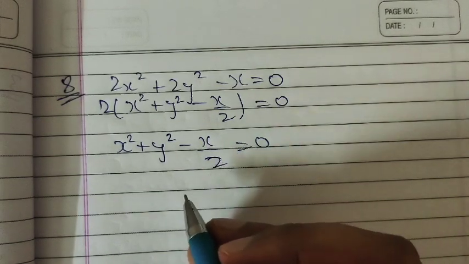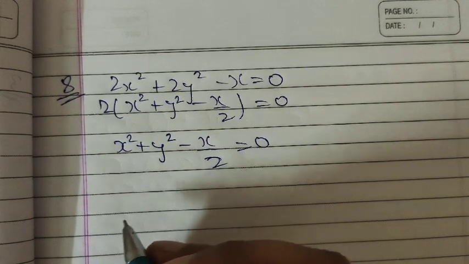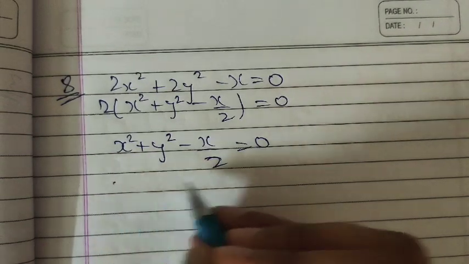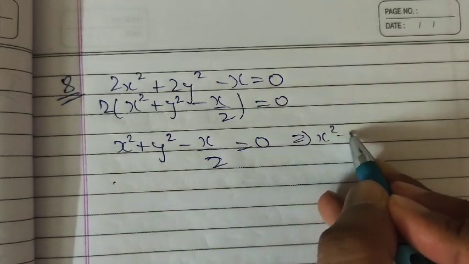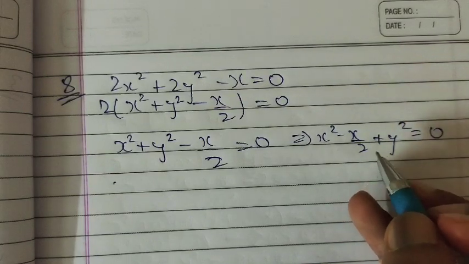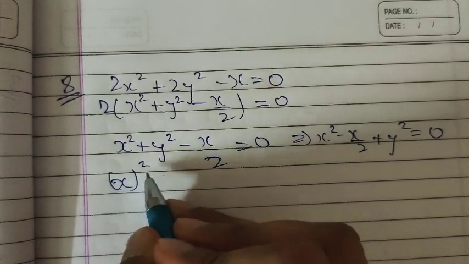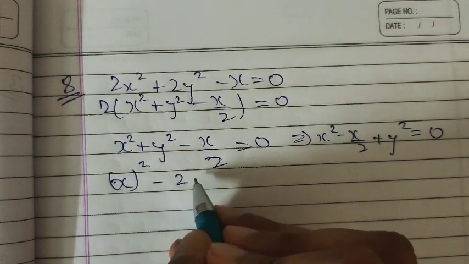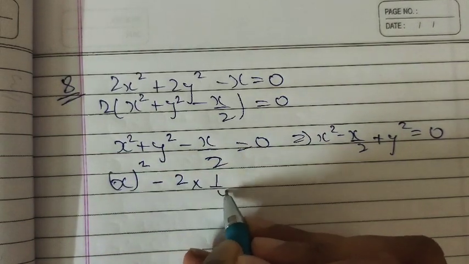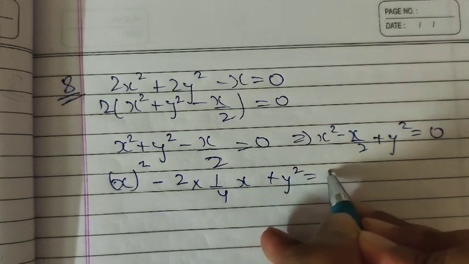Now this we can write down as x square minus x by 2 plus y square is equal to 0, right? Or we can say this as x square minus 2 multiplied by 1 by 4 x plus y square is equal to 0, right?